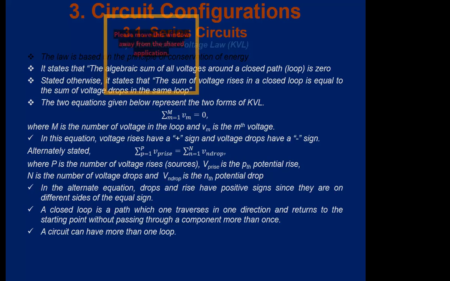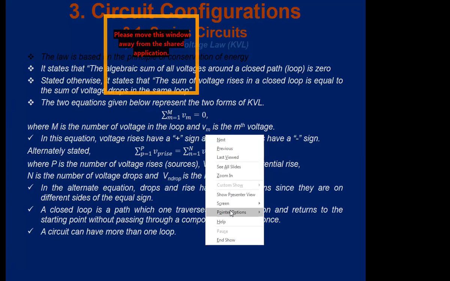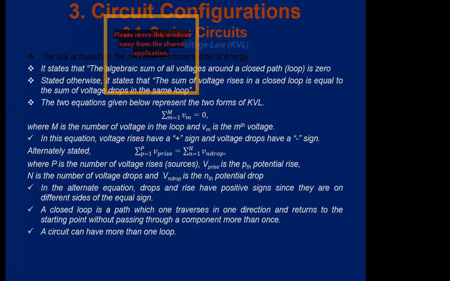In other words, the sum of voltage rises in a closed loop is equal to the sum of voltage drops in the same loop. So the sum of all voltages, that is the rises and the drops, should be equal to 0 in a closed loop, right?